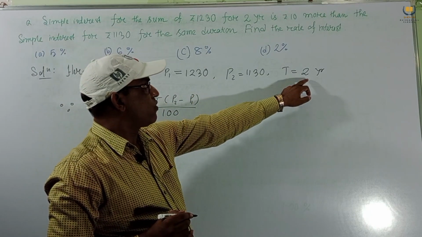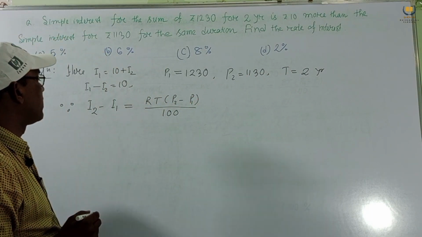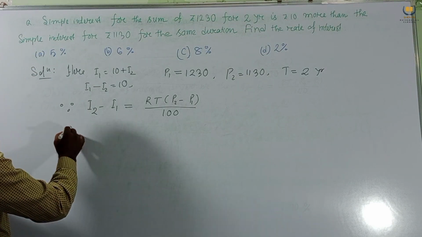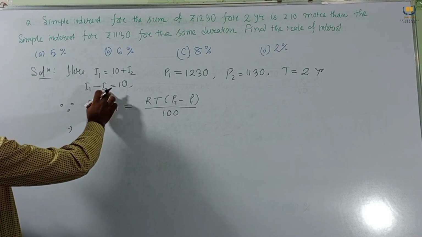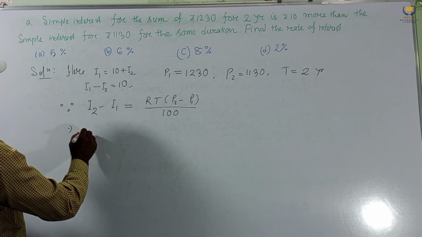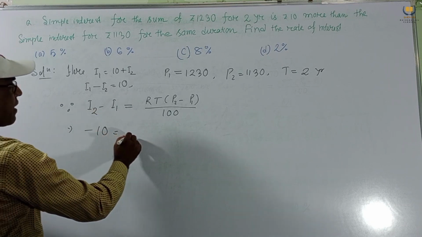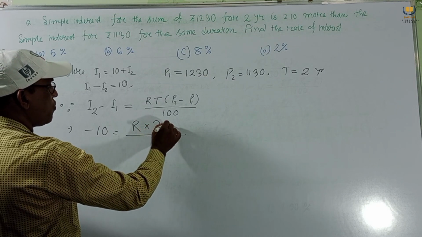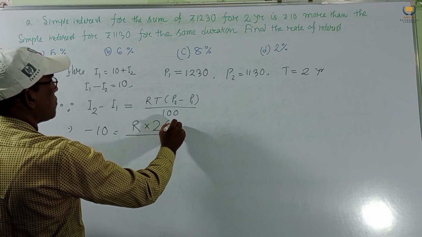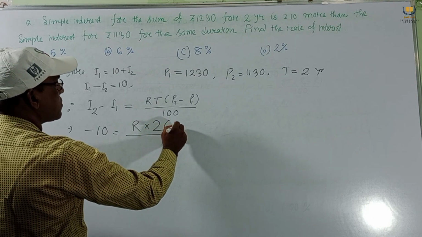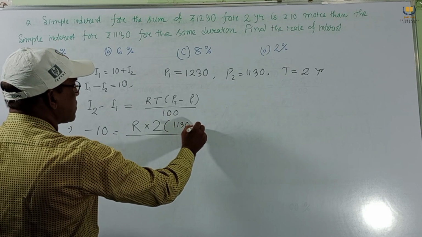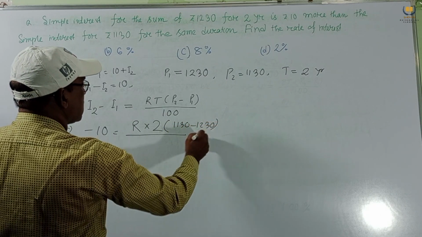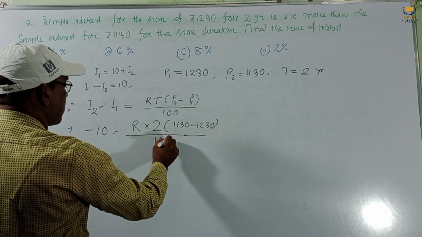Since I1 minus I2 is 10, I2 minus I1 is minus 10. So minus 10 equals R times 2 times (1130 minus 1230) by 100.